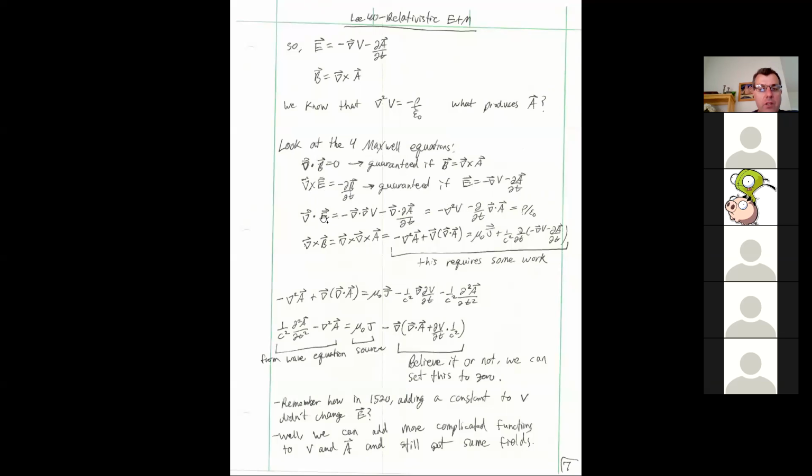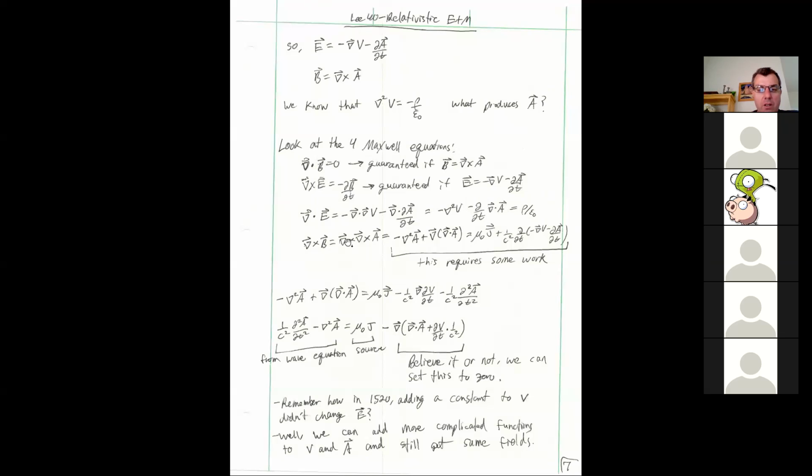Let's look at the divergence of E. We've got del dot E is minus del dot gradient of V, minus the time derivative of the divergence of A. Let's just hang on to this for a little while.